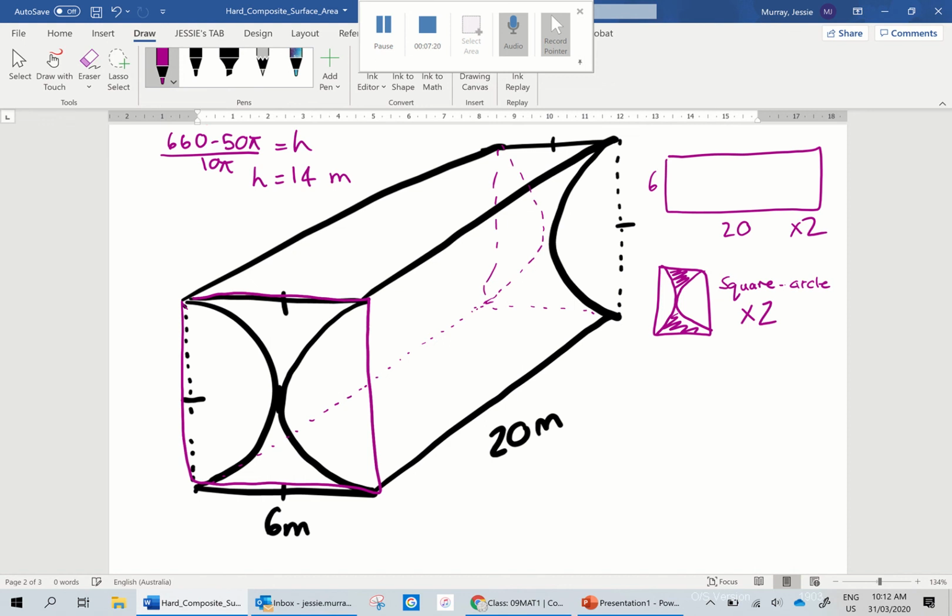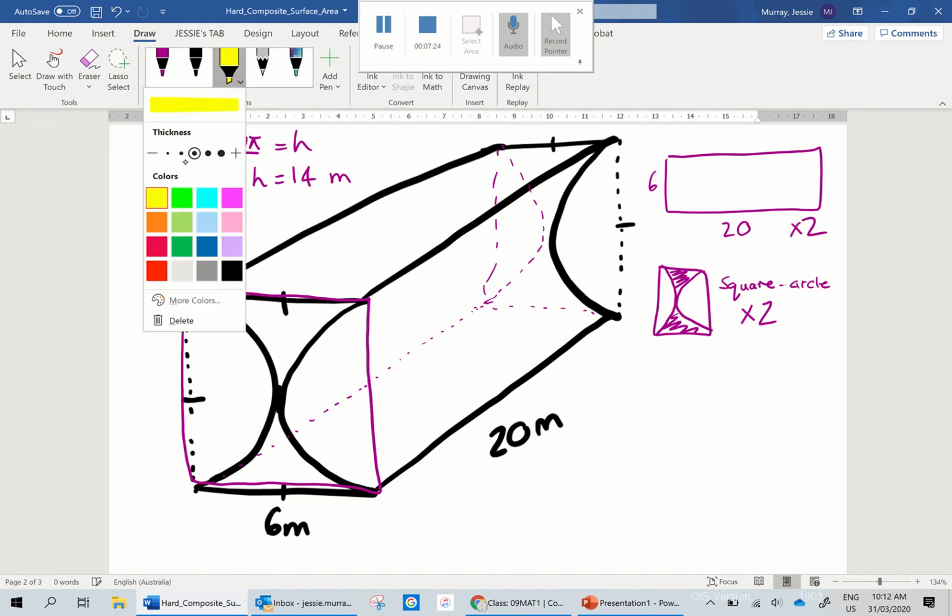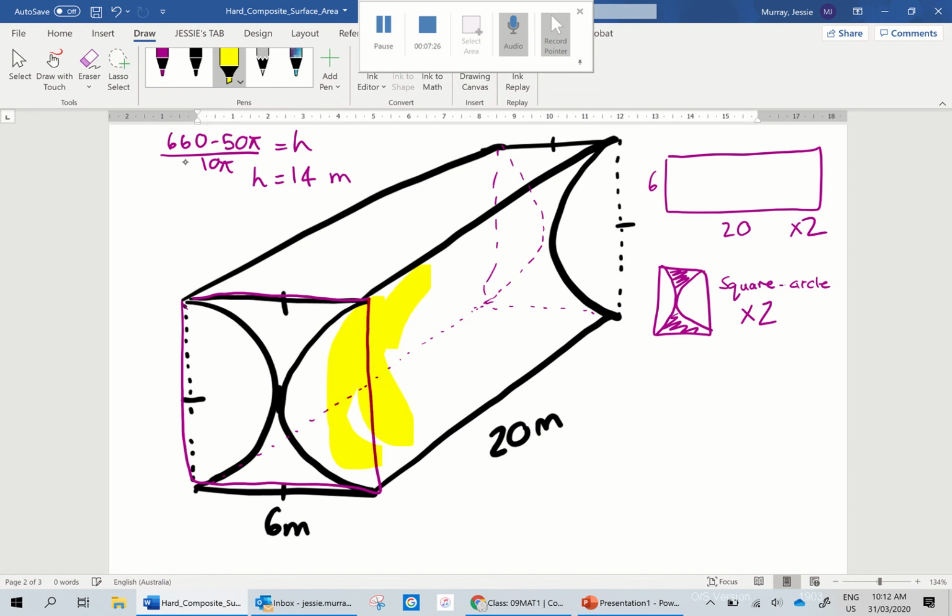So I've got top, bottom, front and back, and I need to times that by 2. Then I've just got the 2 inside sections, that whole curved section. And we know that's just the curved section of the cylinder, and that is just 2 pi RH. We'd say, okay, half of that because it's half a cylinder, but there's 2 of them, which would make a whole cylinder.